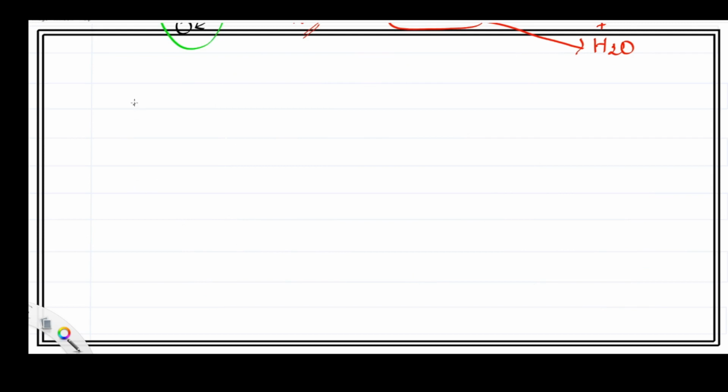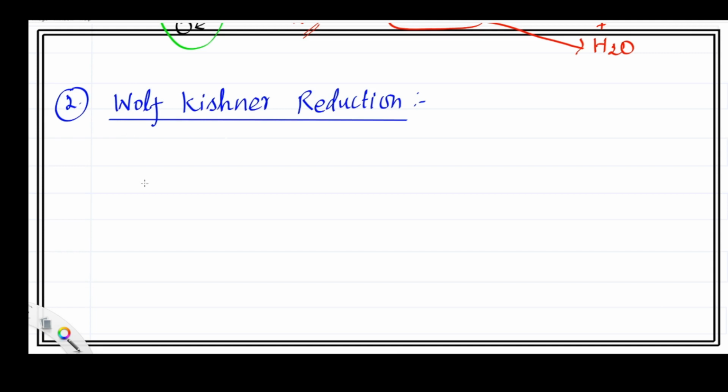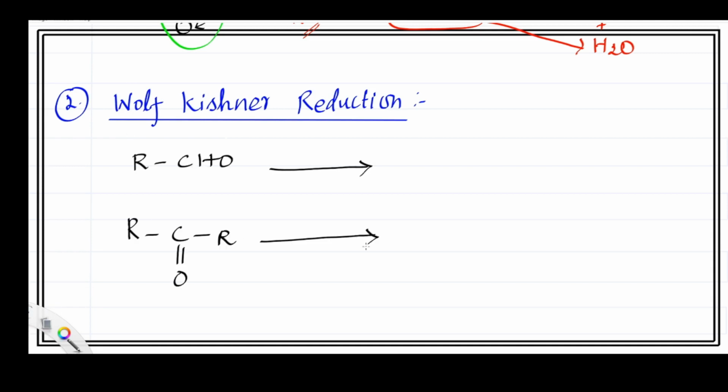Next, we move to Wolff-Kishner reduction. In this case, aldehydes and ketones undergo reduction in presence of base like hydrazine, NH2-NH2, and sodium ethoxide, that is C2H5ONa. We get similar product, that is RCH3 and RCH2R.